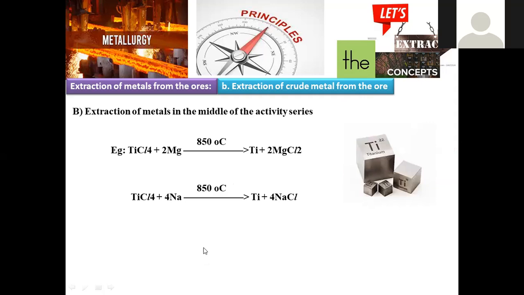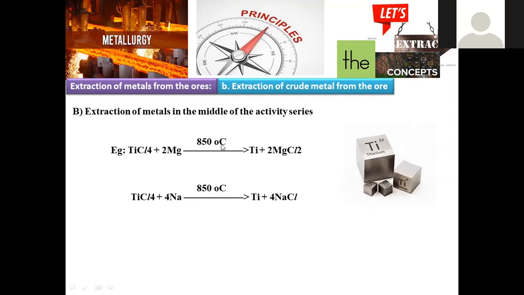Another process is the extraction of metals in the middle of the reactivity series, like titanium from titanium tetrachloride, a transition metal compound, upon treating with a highly reactive metal called magnesium, with heat applied at 850 degrees centigrade. Titanium tetrachloride is in the halide form.